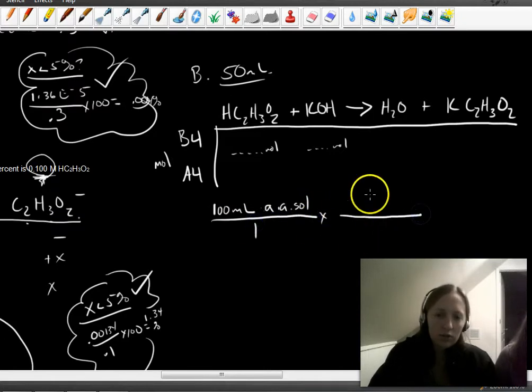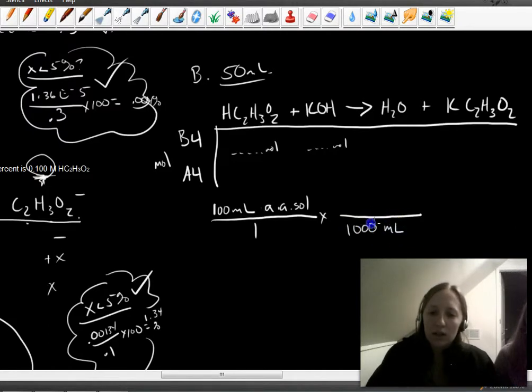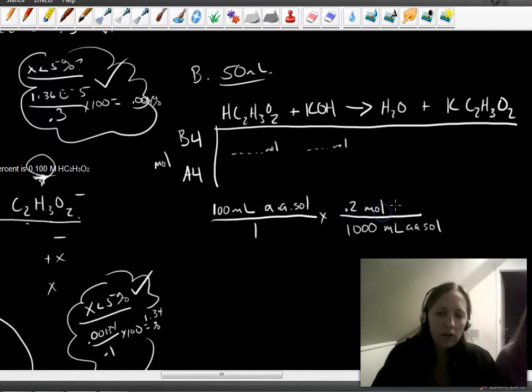And this is our solution equality. There's 1,000 milliliters of acetic acid solution, and the acetic acid solution has a concentration of 0.2 moles per liter acetic acid. So that's going to be 100 divided by 1,000 times 0.2. That's 0.02 moles of acetic acid.